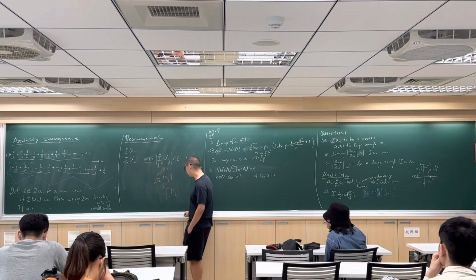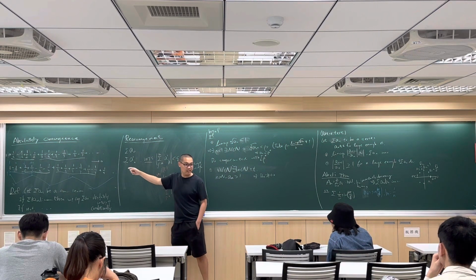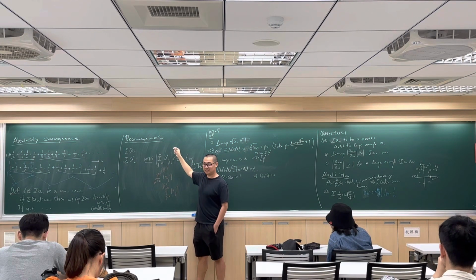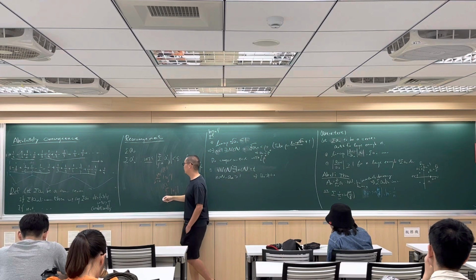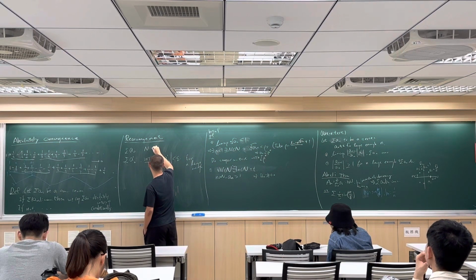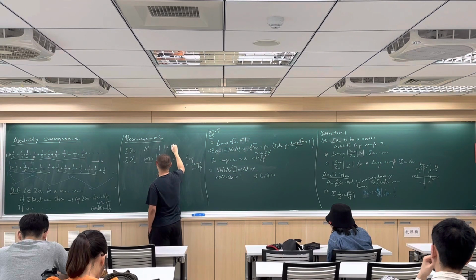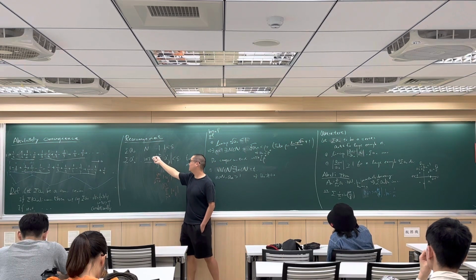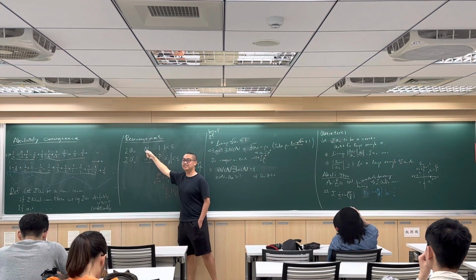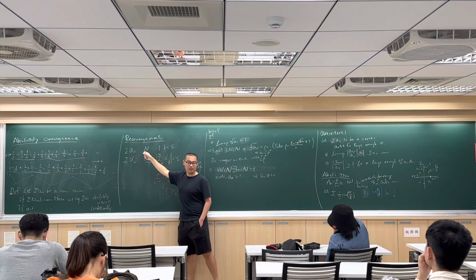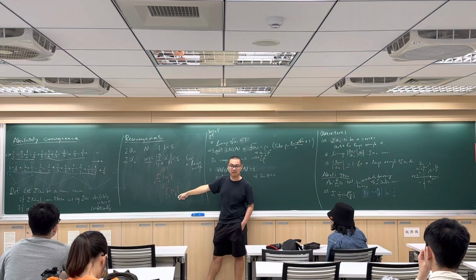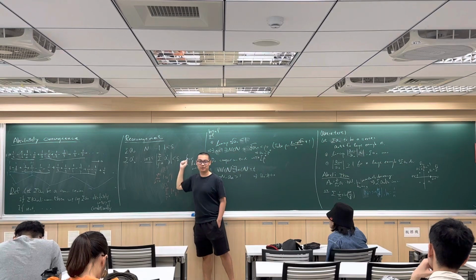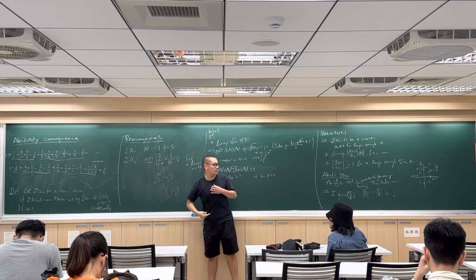So if N is big enough, there exists some N such that this one is less than epsilon in absolute value. And you make N large enough so that the terms before this A_N are not included in this one. So that this one is controllable. We don't have time, so I just briefly sketch the proof.